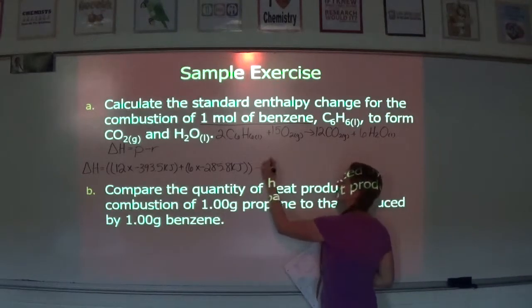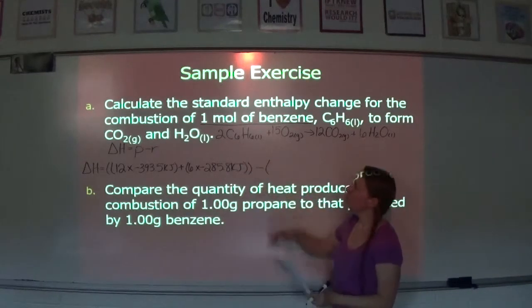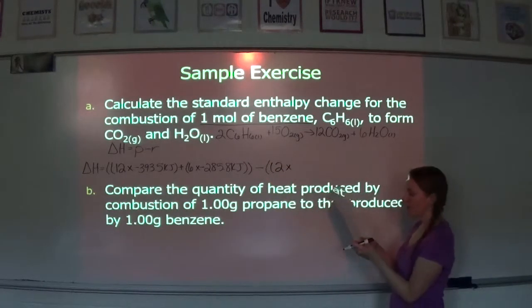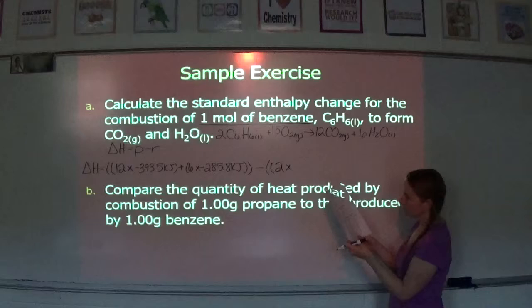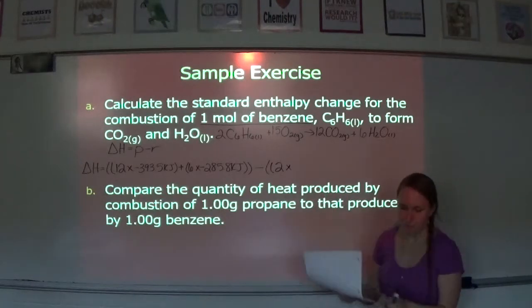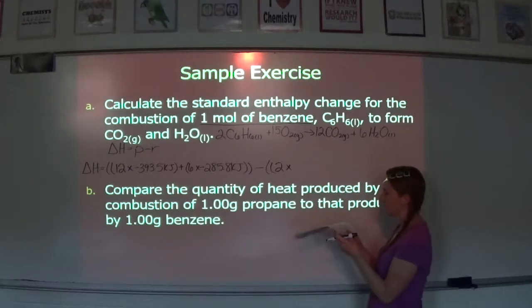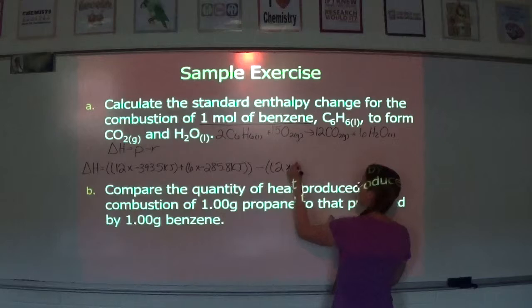So products minus reactants. I have 2 C6H6 liquids, so I do 2 times. I find my C6H6. Oh, it's not on my paper. I must have looked it up online then. Let's see what I found online. I found 49 kilojoules.